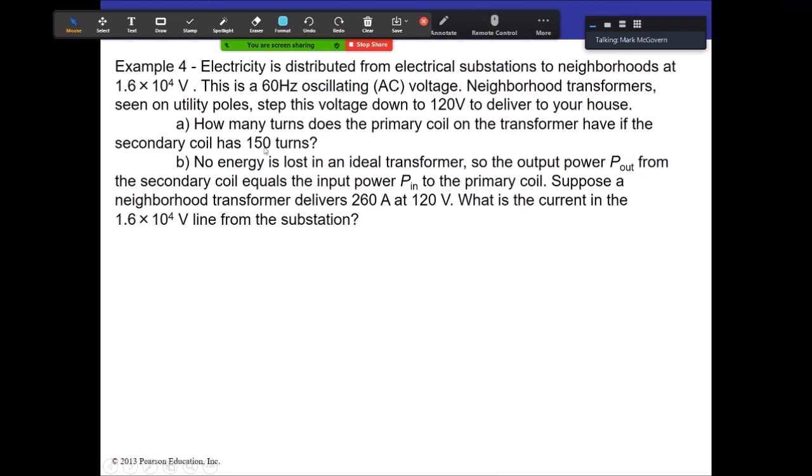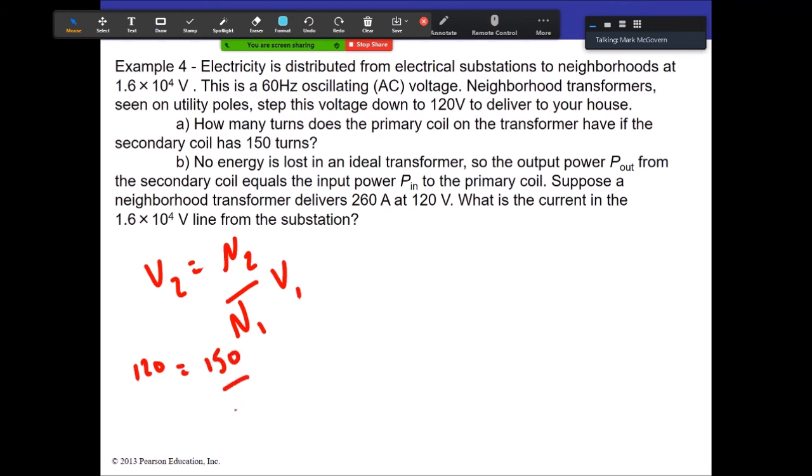All right, so the relationship we're going to have here is that V2, that's our secondary coil, is going to be equal to the number of turns in the secondary coil divided by the number of turns in the primary coil times whatever the input voltage is. So I'll put my numbers in here. I need 120 volts out of this. I have 150 turns in the secondary coil.